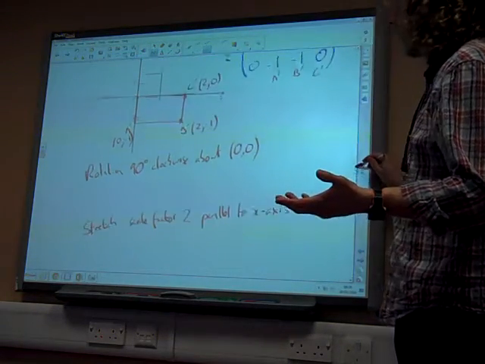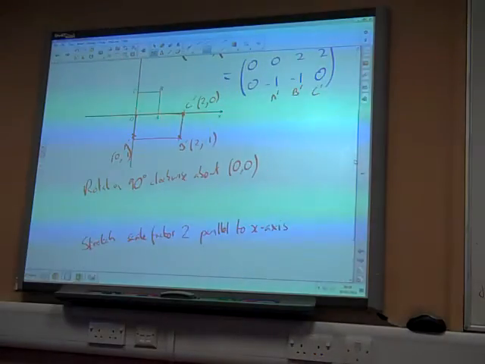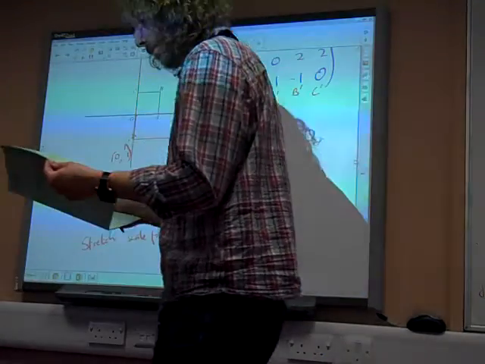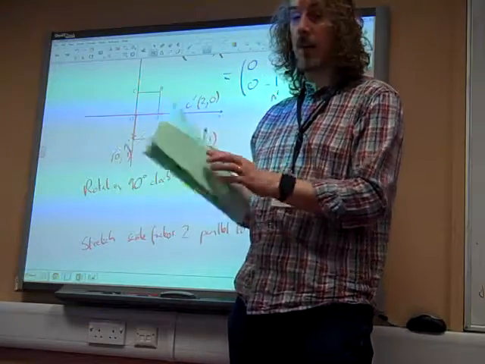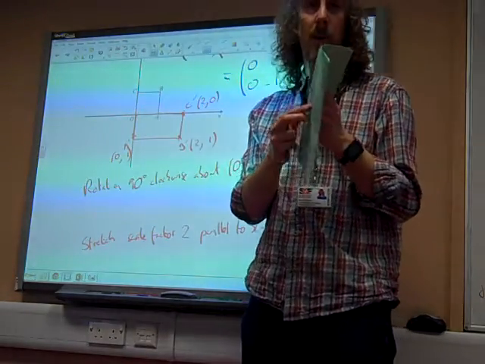So what about the matrix? Well, a rotation 90 degrees. In the formula booklet, we know this, don't we? If we haven't got this memorised, then we can always fall back on the formula booklet where it says an anti-clockwise rotation through theta about 0 is given by that matrix.